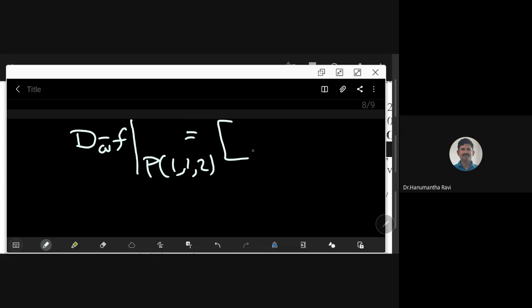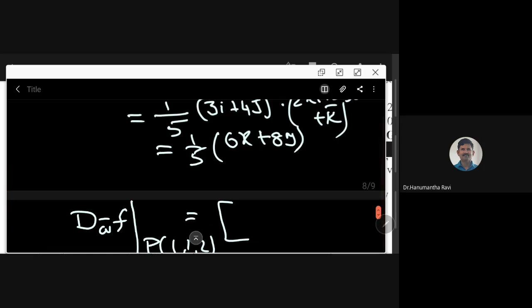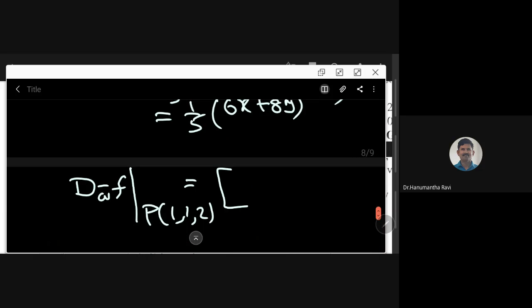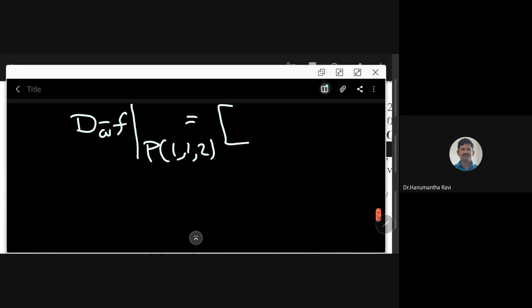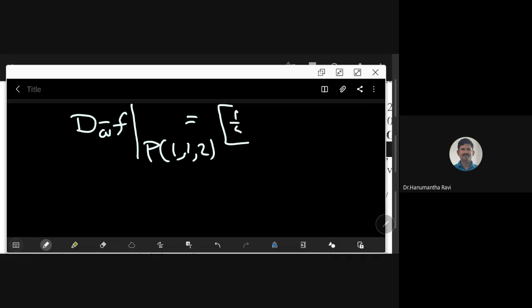So simply, we have calculated on the top 1 by 5 into 6x plus 8y at P equal to (1, 1, 2).